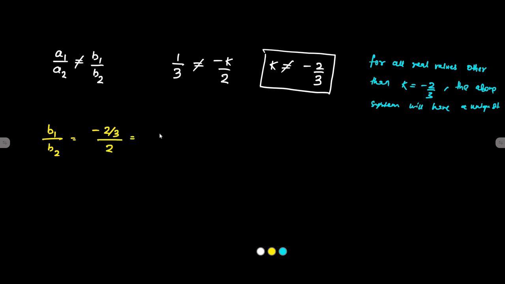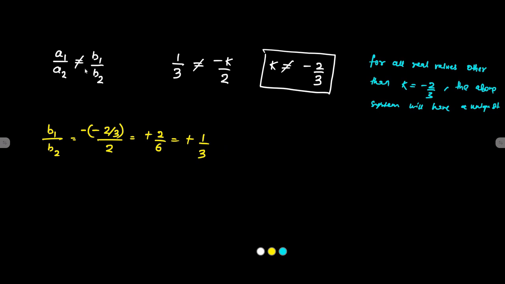Sorry, I need to be careful here: b1 by b2 is minus k by 2, so if k is equal to minus 2 by 3, it becomes minus of minus 2 by 3 by 2, so it becomes plus 2 by 6, or plus 1 by 3. So b1 by b2 is equal to 1 by 3.